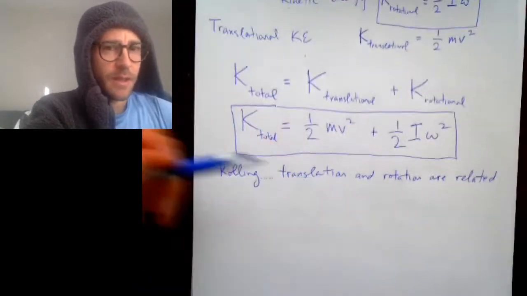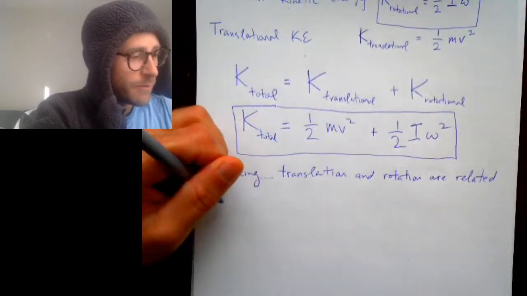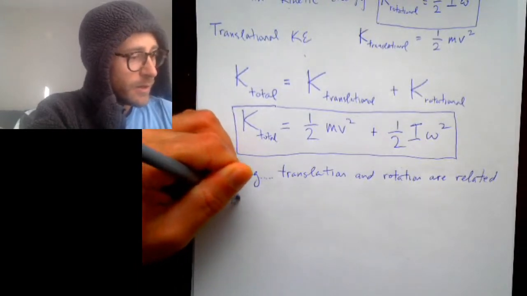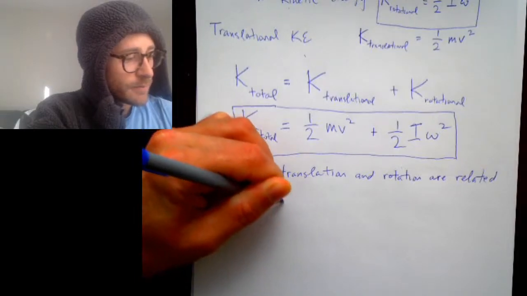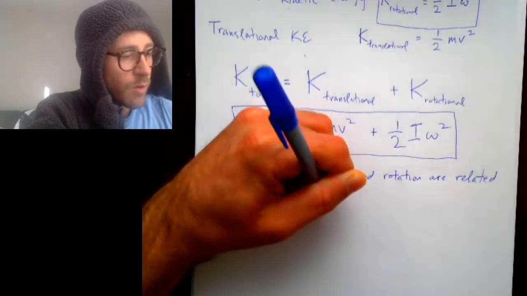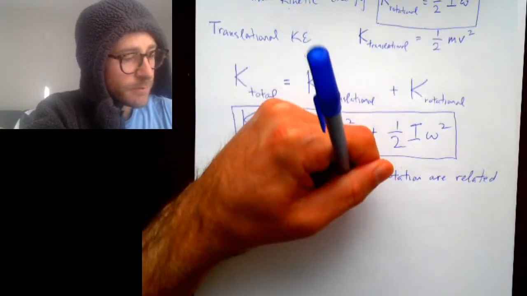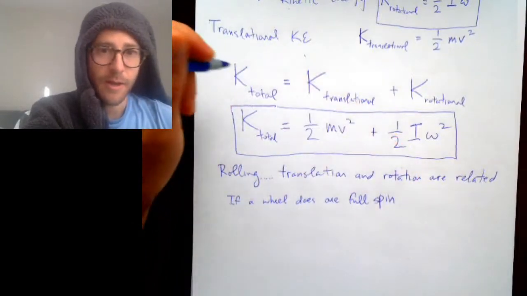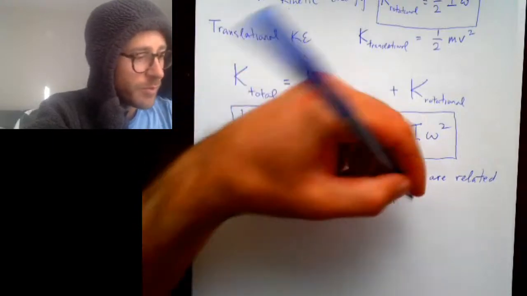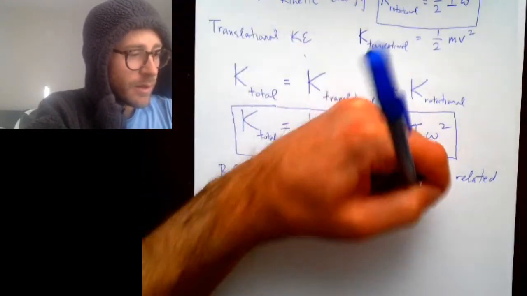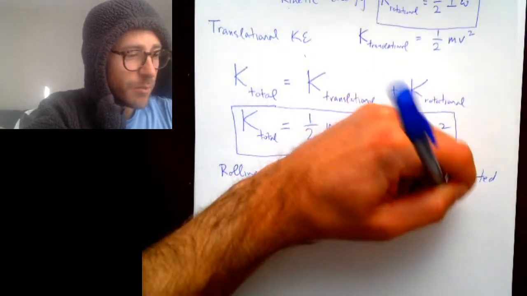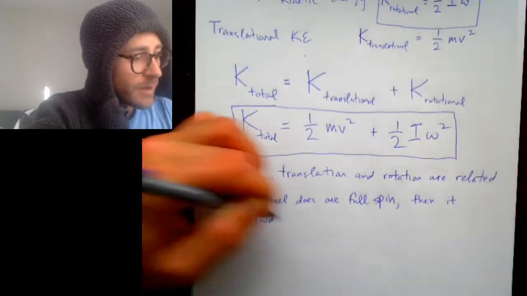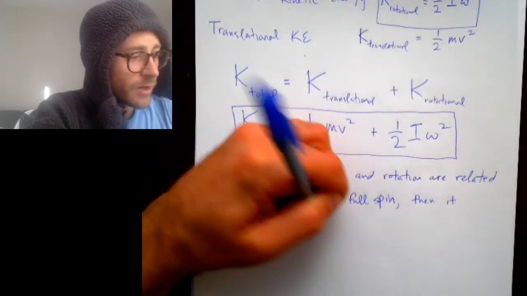Okay, so how are they related? Well, if a wheel does one full spin, then it moves forward by one circumference.